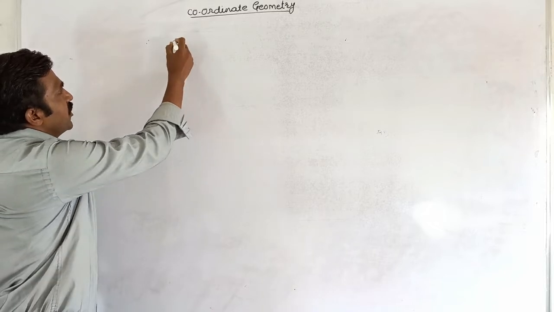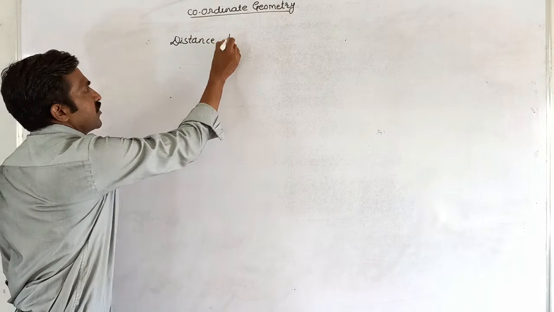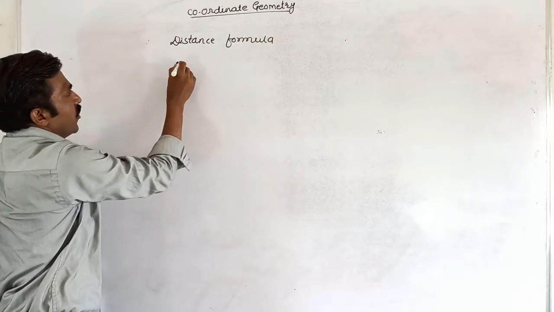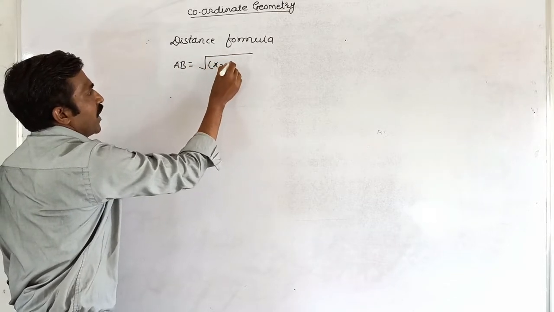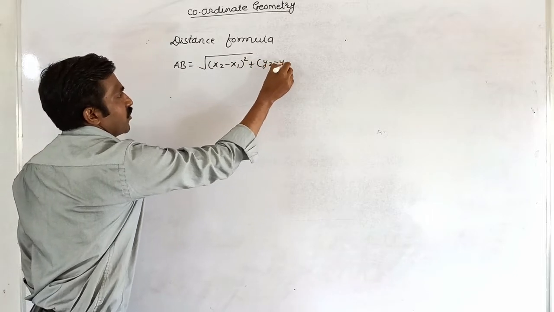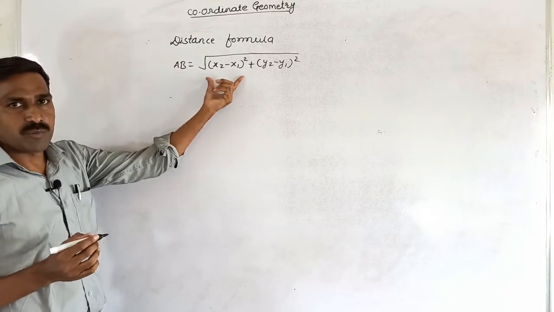Second example, using the distance formula. AB is equal to the square root of (x2 minus x1) whole square plus (y2 minus y1) whole square. This is the distance formula.